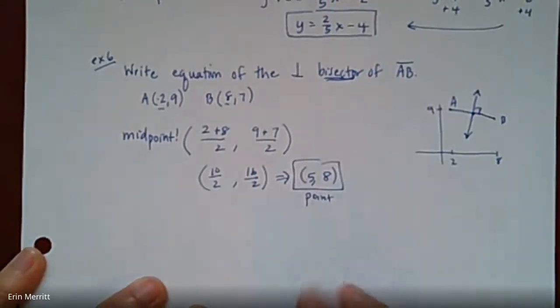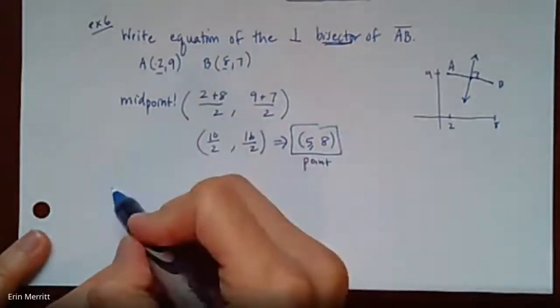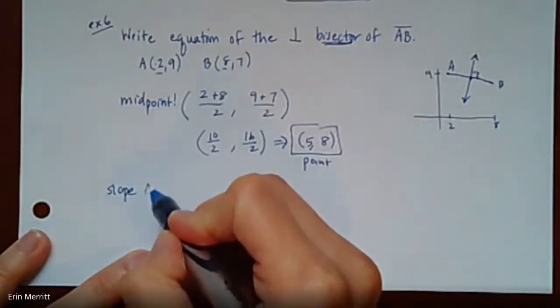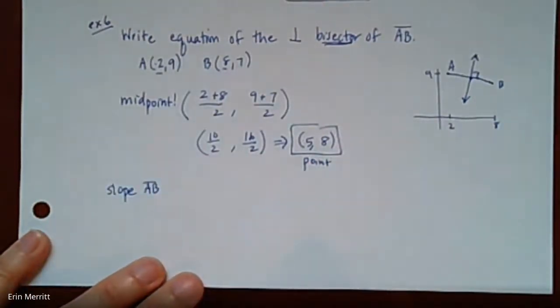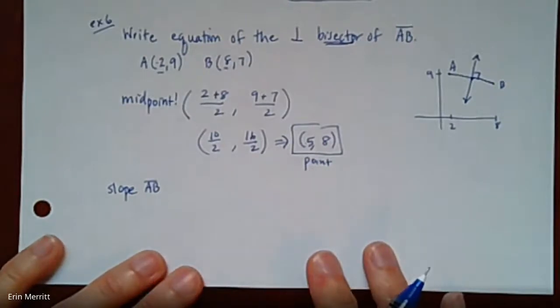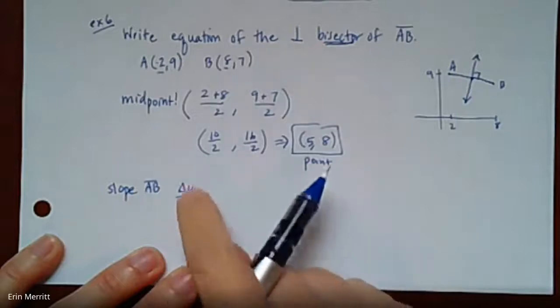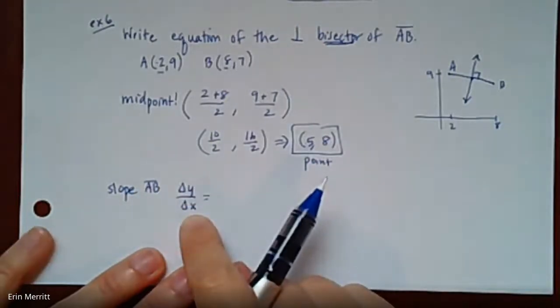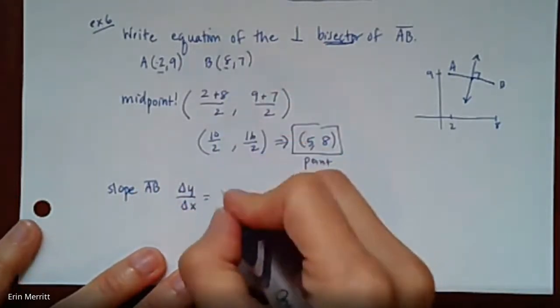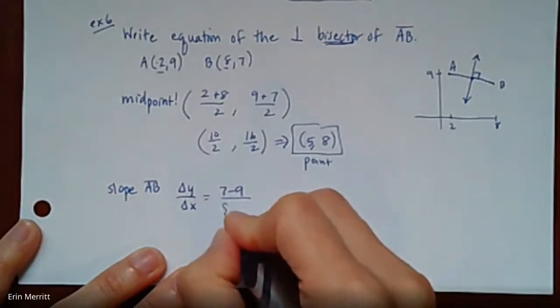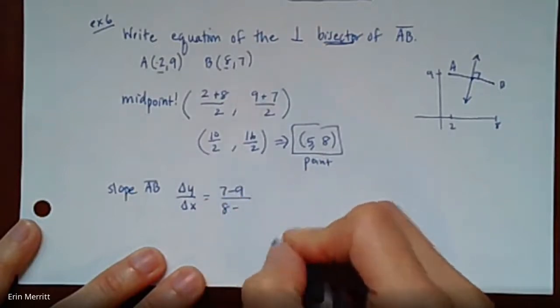Then for the perpendicular, we need to know about the slope. So we have to first calculate the slope of AB before we can do the perpendicular slope of it. So change in y over change in x. Do you have to write that each time? No. I just want to remind you what we're doing. So 7 minus 9, and then over 8 minus 2.